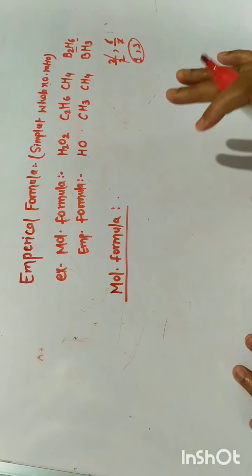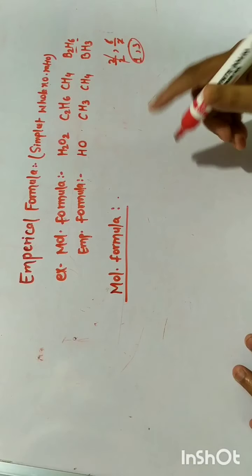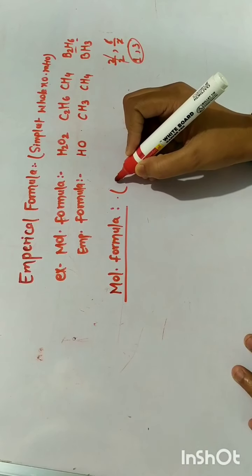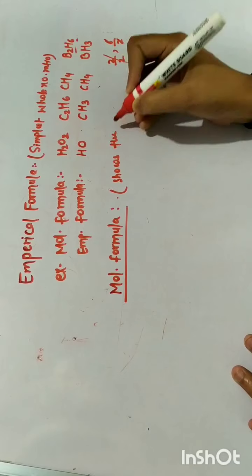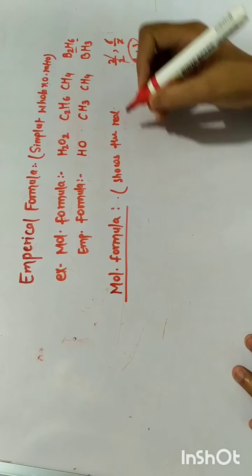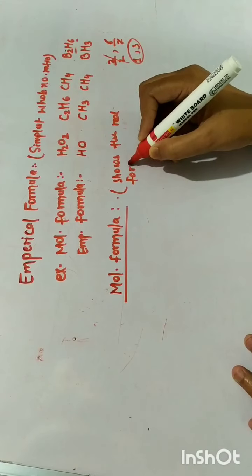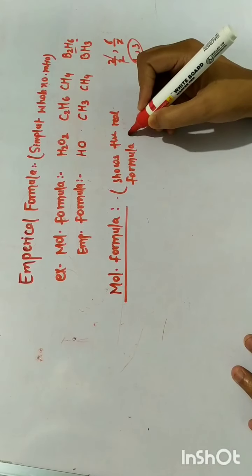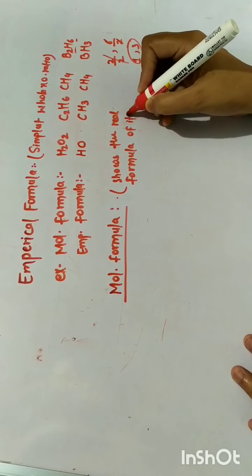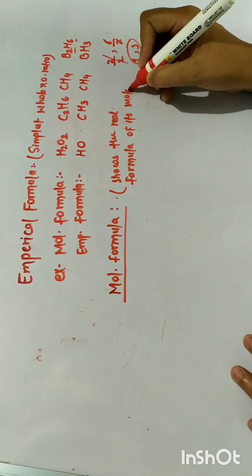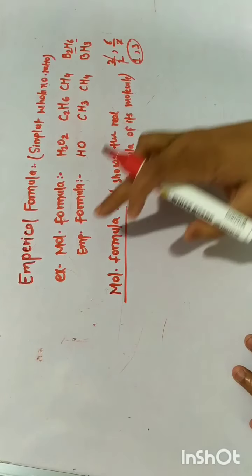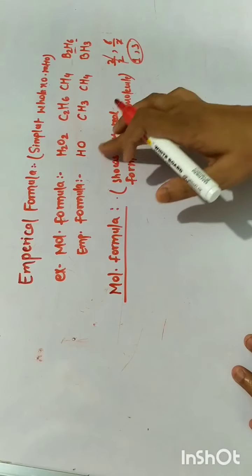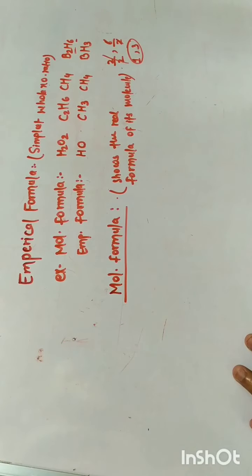That is, it shows the real formula of its molecule. Like if the molecular formula is H2O2, then its empirical formula is HO.